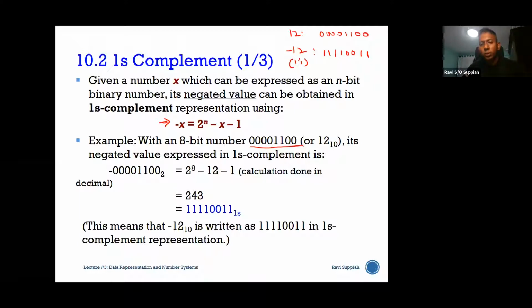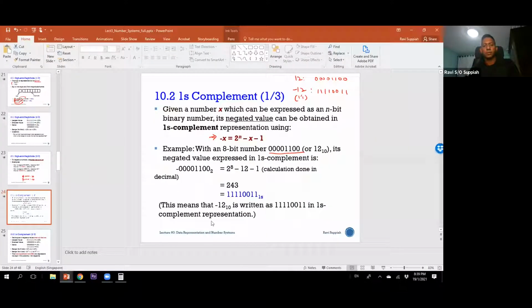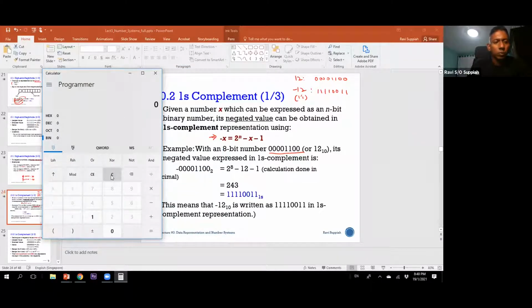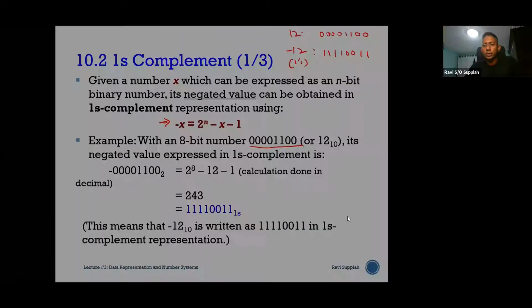Okay, now this 1, 1, 1, 1, 0, 0, 1, 1, if I were to key it in my calculator, let's just see what happens. What I get is 243, which is also what you are seeing here.